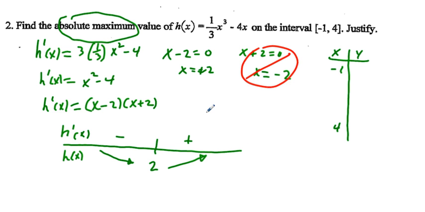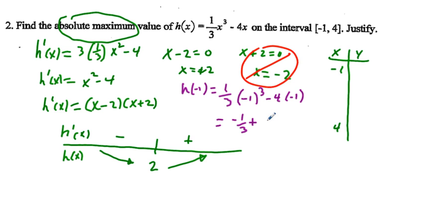For that, h of negative 1 is equal to 1/3 times negative 1 cubed minus 4 times negative 1. Negative 1 cubed is negative 1, so we have negative 1/3, minus 4 times negative 1, so that's plus 4.